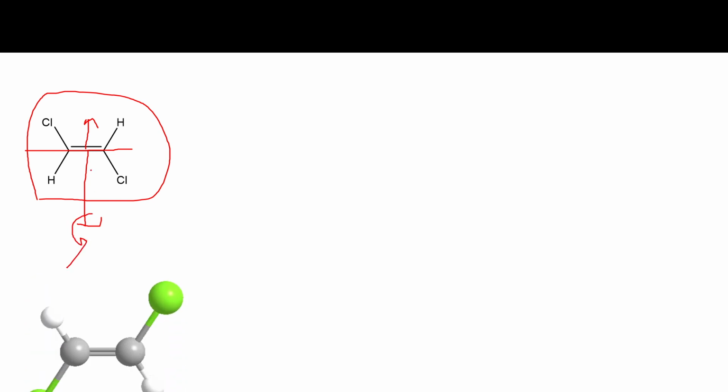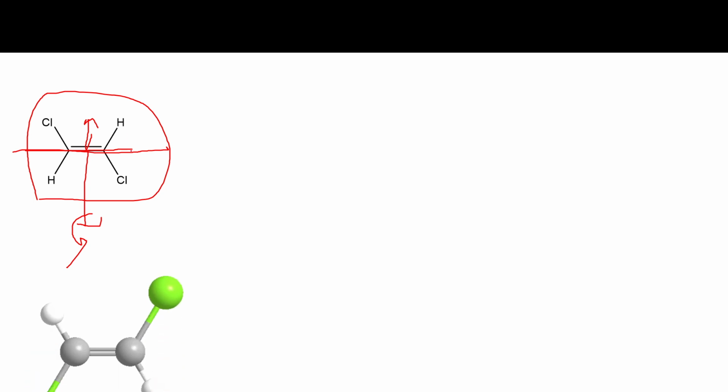So the axis will be like this, passing through the molecule, and if you rotate like this, this Cl will come here and this hydrogen will go there, so it will be indistinguishable. But if you rotate this molecule like this by 180 degrees, Cl and H will be replaced with each other, but that is not indistinguishable.